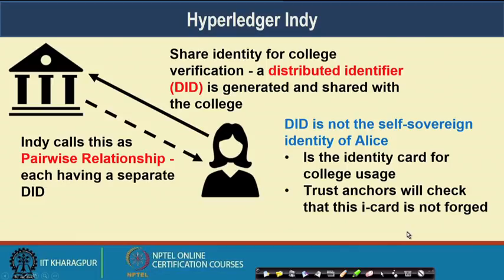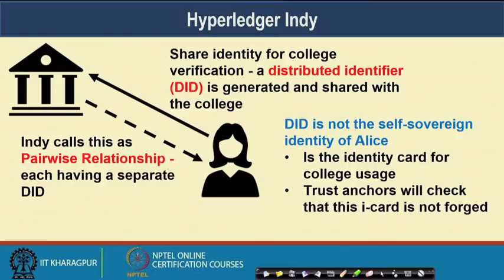Another point to note is that the deed is not the self-sovereign identity of Alice. You can just think of a deed as an identity attribute which Alice shares with her college. For this example, the deed may be nothing but the identity card of Alice.